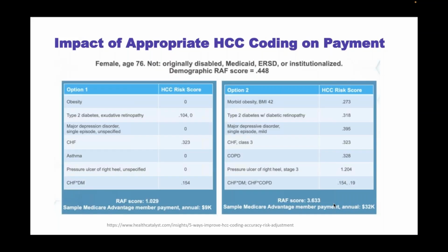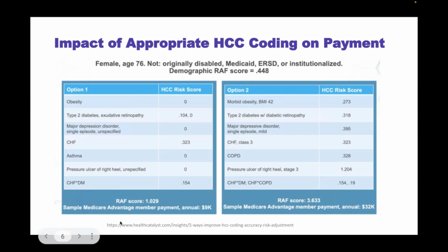What is the impact of appropriate HCC coding on payments? Let's assume that there is a female patient. She is 76 and originally disabled, with Medicaid, and this information comes from tabular data. According to this demographic information, the risk adjustment score is just 0.448, okay?